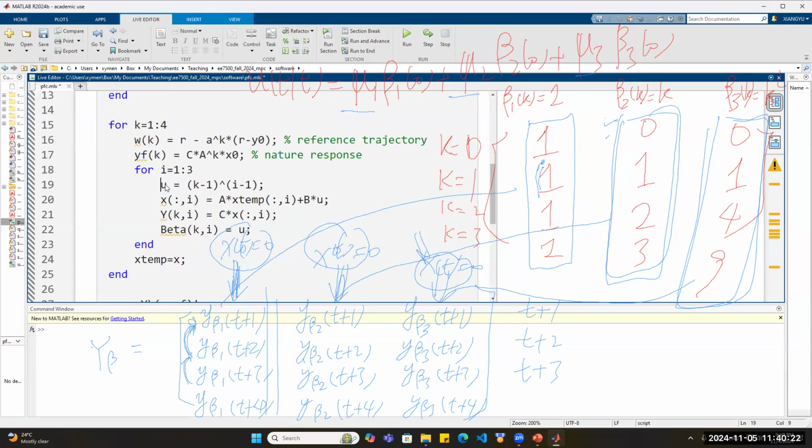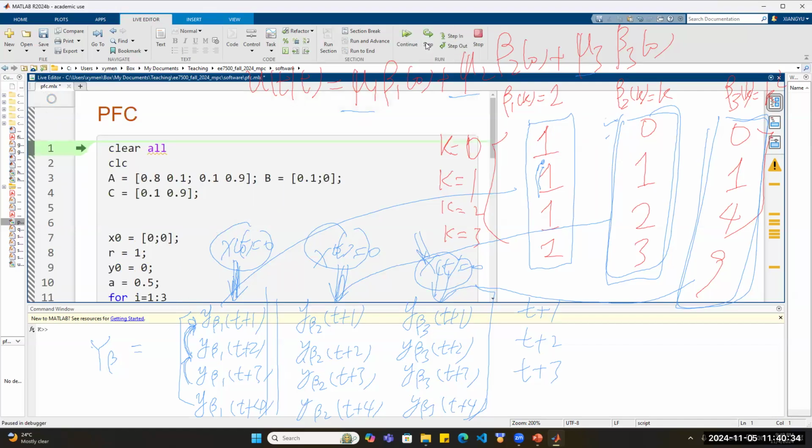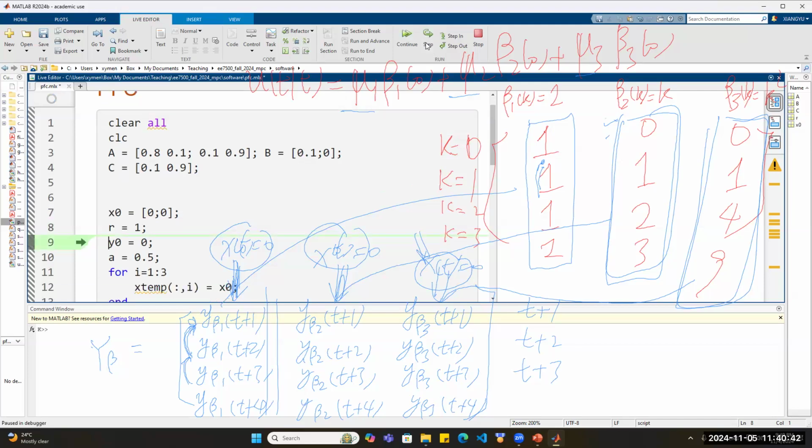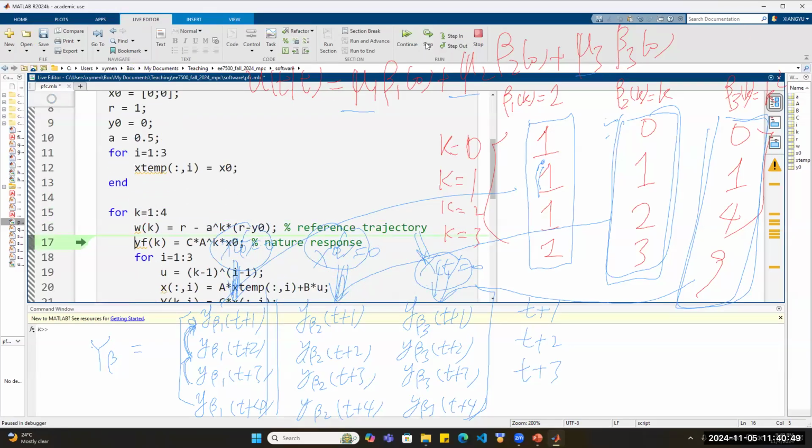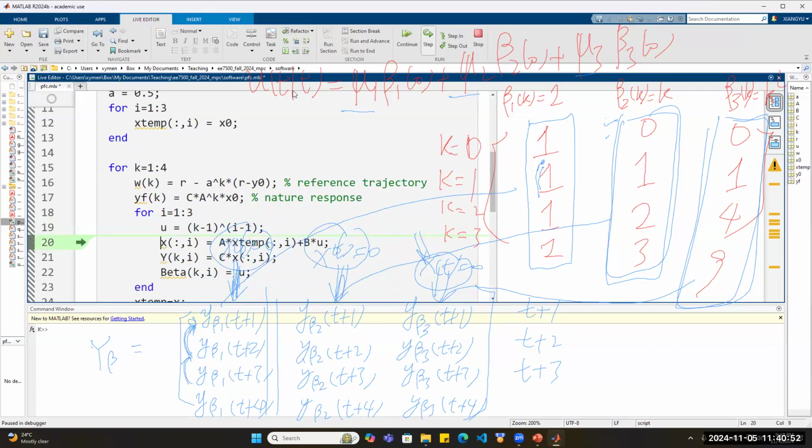Then first, let's give in the control input, basically corresponding to here. So 1, then I is 1. Maybe we can run this step by step. You see, the first value of U is 1.